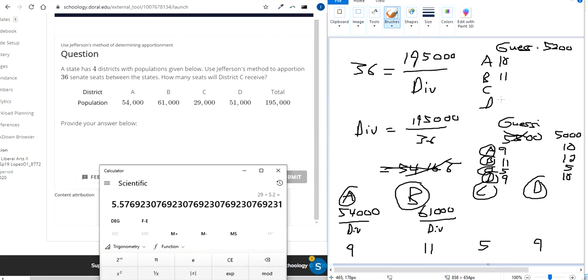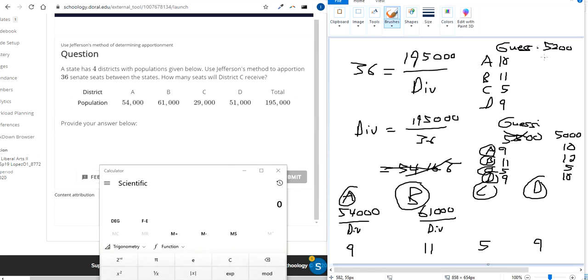We got 5 for Group C. 51 divided by 5.2 is 9 for Group D. I think we got a winner here. 10 plus 11 plus 5 plus 9. Oh no. That didn't work because that adds up to 35.